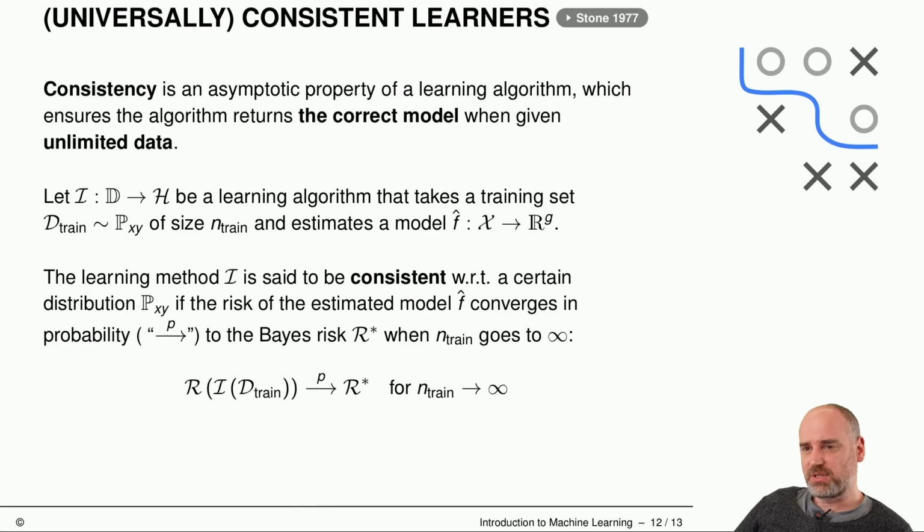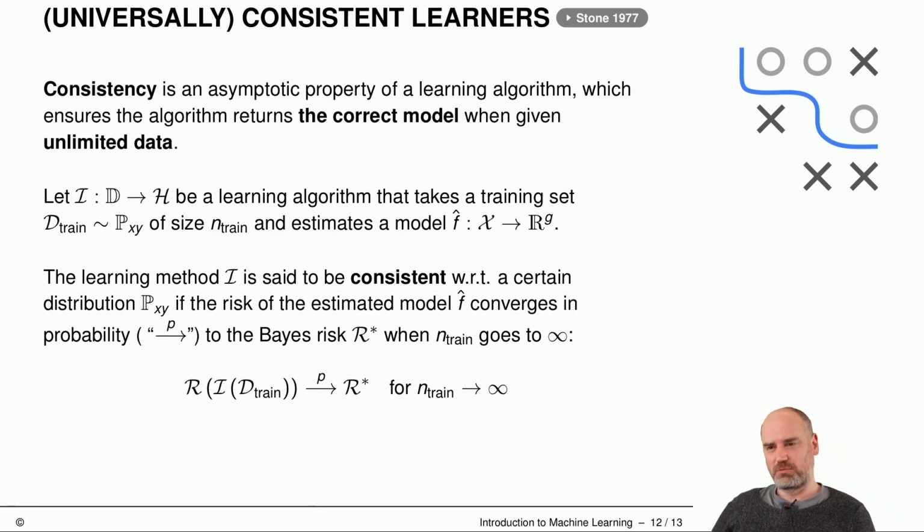So let's wrap this up. I think this session was already long enough. So I want to mention briefly what we mean by consistency, or consistent learners, or universally consistent learners. This is an asymptotic property of a learning algorithm, and it ensures that our learning algorithm pretty much returns the correct model when given unlimited data.